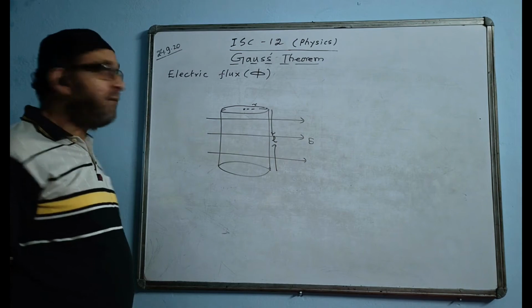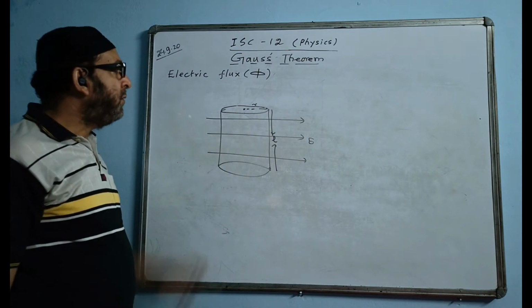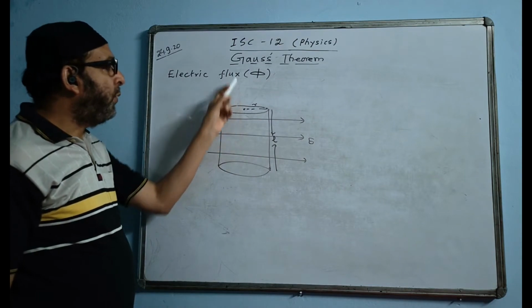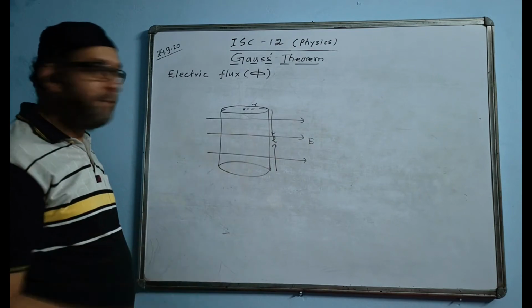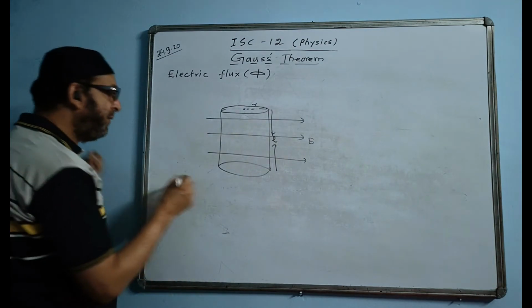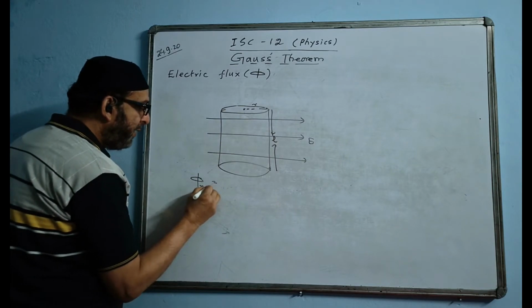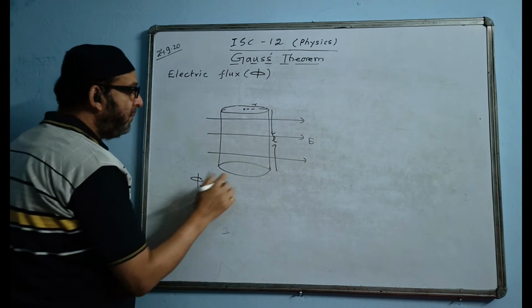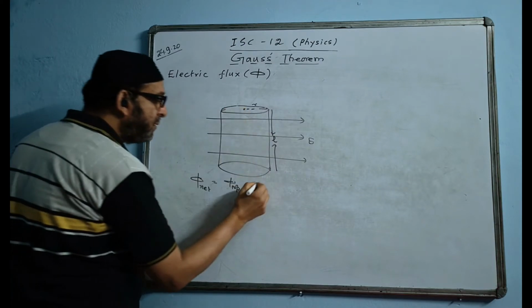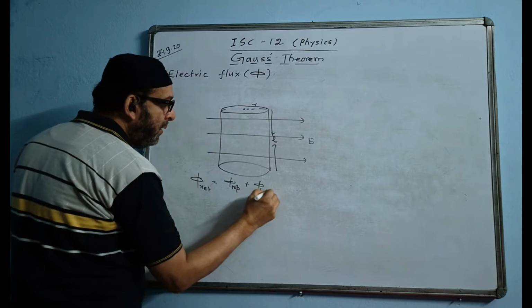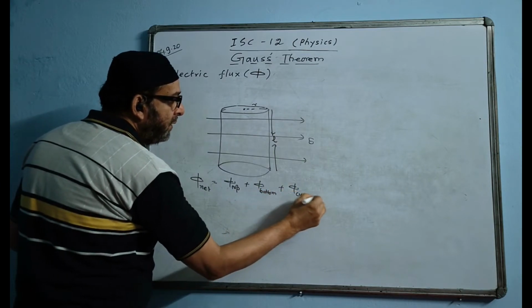This time again we have three surfaces, these two circular and this curved one. So phi net is the total flux. We write phi top for the top surface, phi bottom for the bottom, and phi for the curved surface.